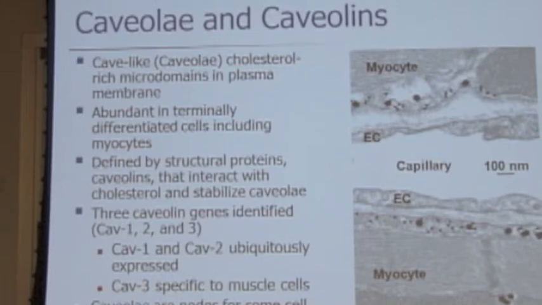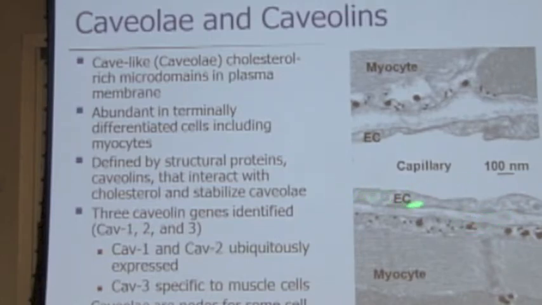And you can see here with antibody labeling for Cav3, in this myocyte, you can see the sarcomeres, that Cav3 immunogold labeling is around these little cave-like structures. These bigger immunogold dots are CAV1.2, a calcium channel that we'll talk about later.